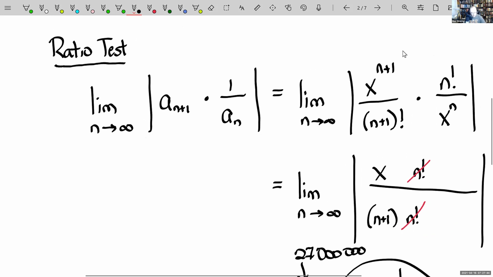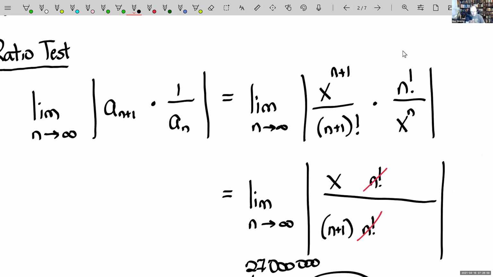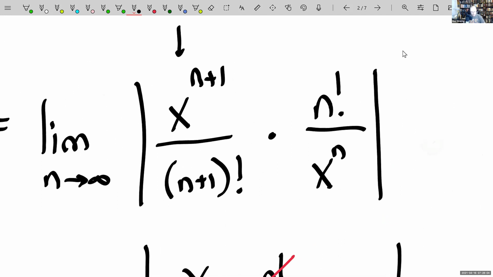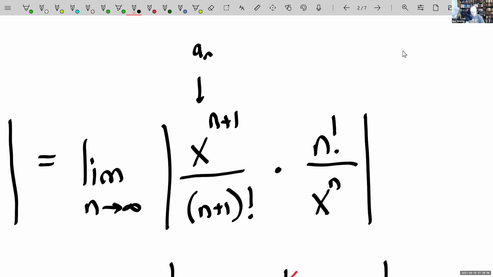And so you're used to seeing this notation: the limit as n goes to infinity of the absolute value of the n plus first term of your series divided by the nth term of your series. In this case, for the power series they handed us, the n plus first term is this guy, that's a sub n plus 1.